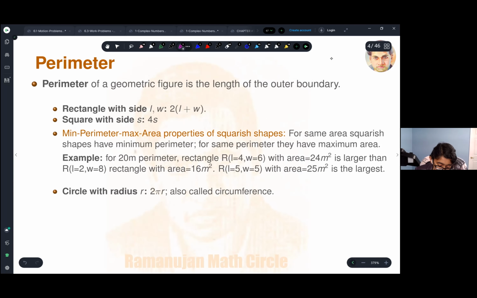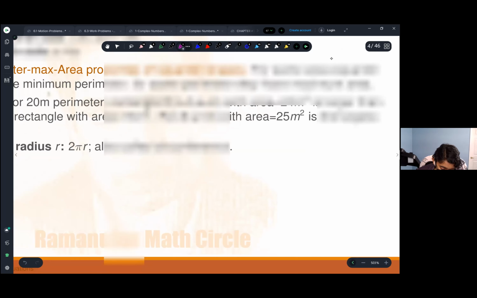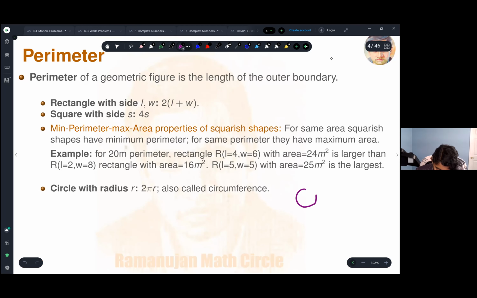We also have circles. Circles look like this, right? And they have a radius r. The circumference is 2 times pi times r.